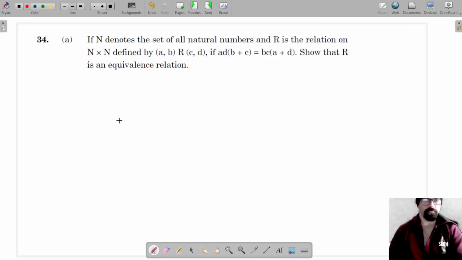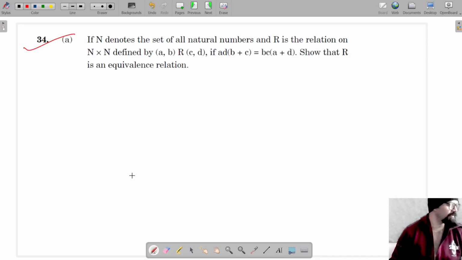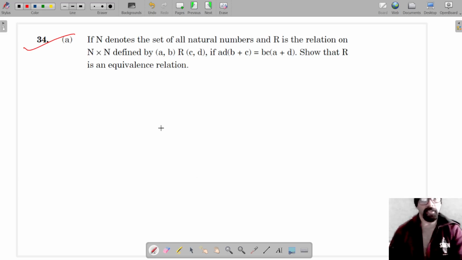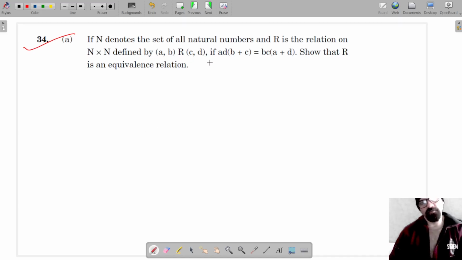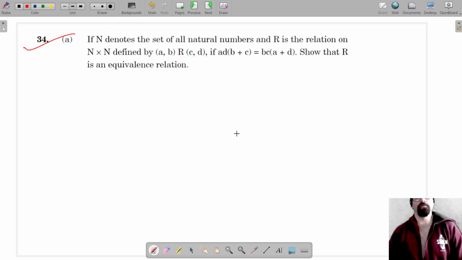Now question number 34, part A. If N denotes the set of natural numbers and R is the relation defined on N cross N, the relation says that the ordered pair (a, b) is in relation with the ordered pair (c, d) if a into d, into b plus c, is equal to b into c into a plus d.